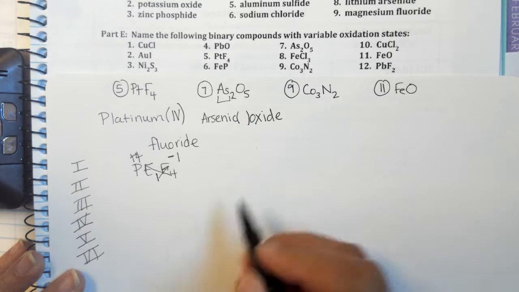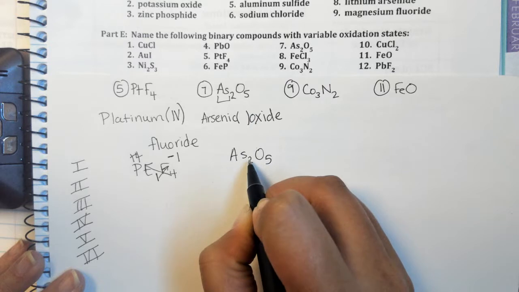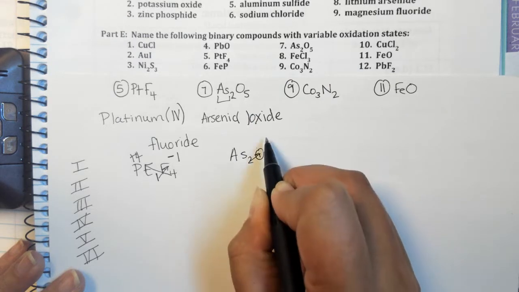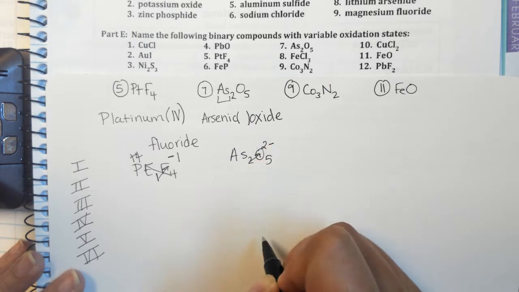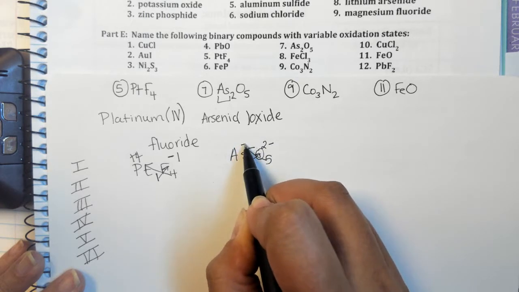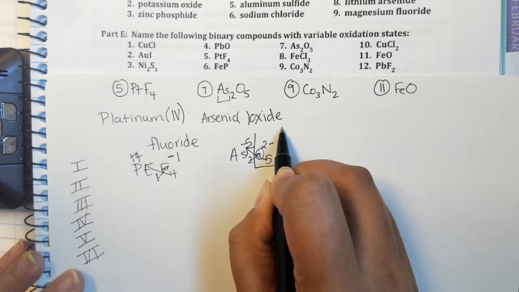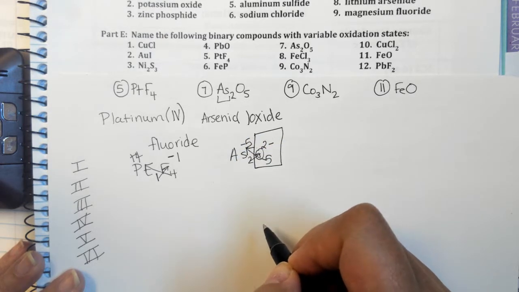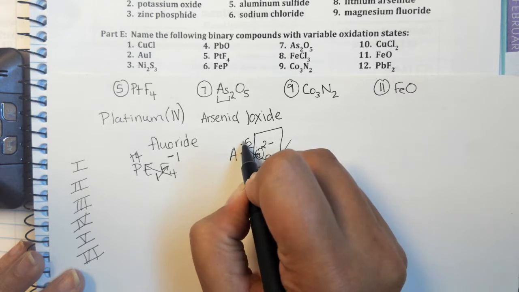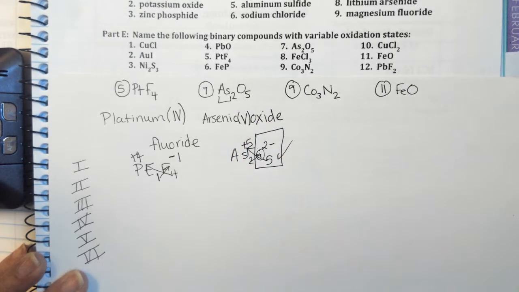I'll put parentheses here. And so I'm going to take this and reverse swap and drop. So now this 2 goes in and becomes oxygen's 2 negative oxidation state. This 5 comes up to arsenic and becomes a +5. So does oxygen normally have a -2 oxidation state? Yes, so that means I can keep this +5 as arsenic's oxidation state.